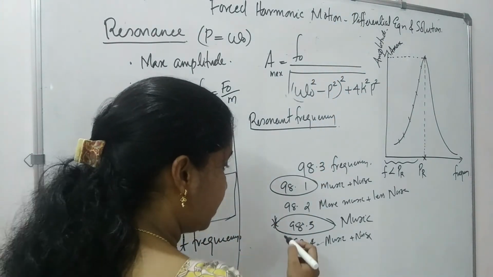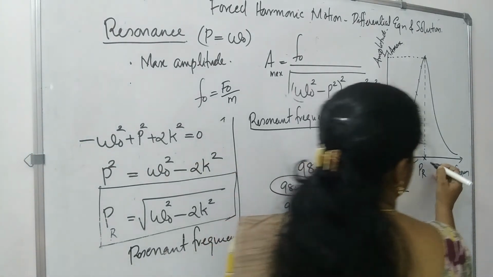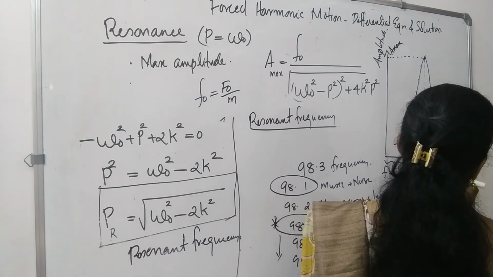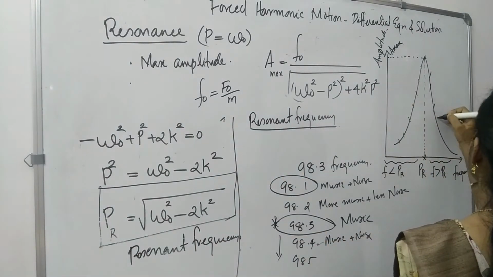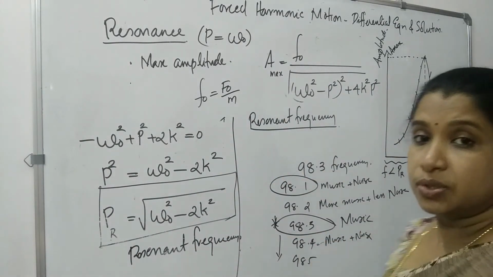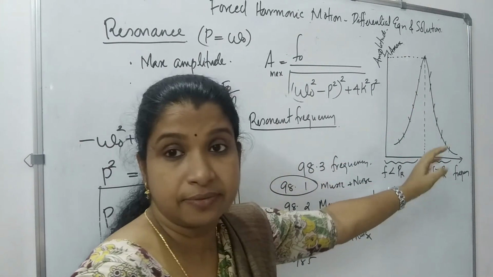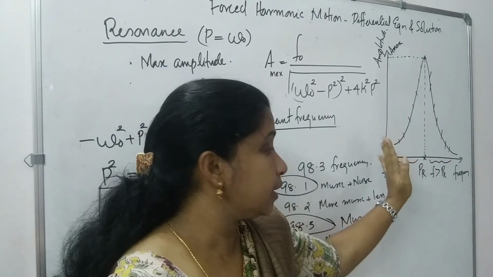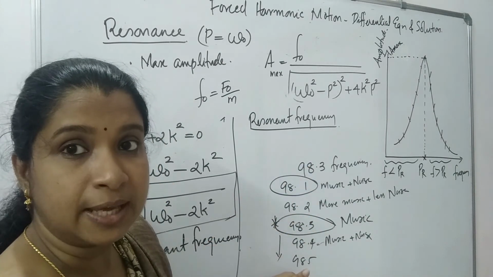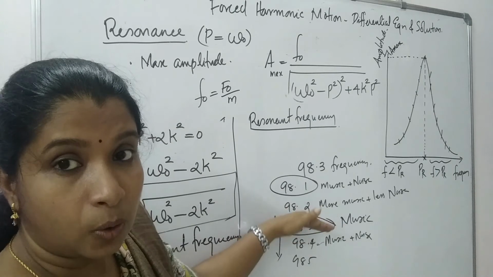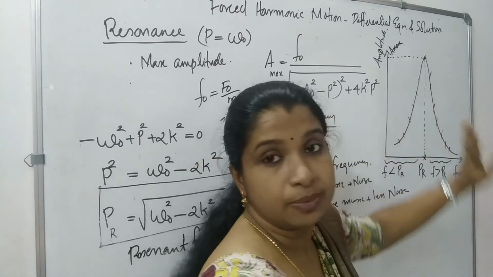When the frequency value is greater than the resonant frequency, amplitude is also found to be decreasing. So at this frequency alone the body oscillates with maximum amplitude, and on either side of this resonant frequency, amplitude is found to be decreasing.